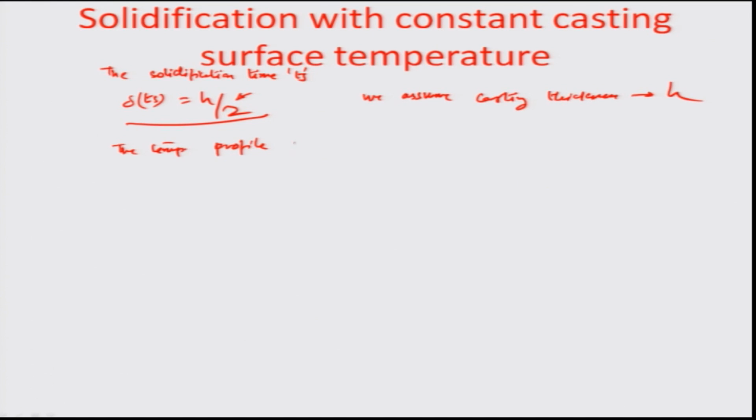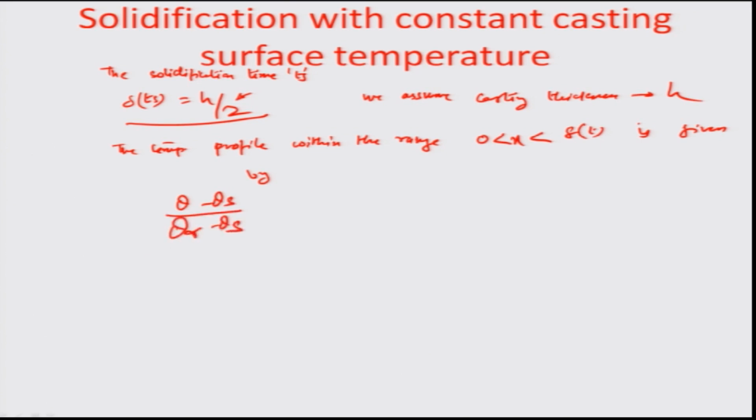within the range x varying between 0 and delta t is given by theta minus theta s divided by theta infinity minus theta s equals the error function of x by twice root alpha s t.